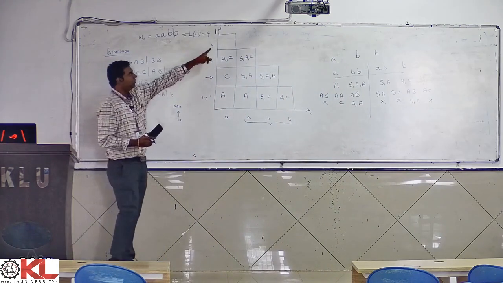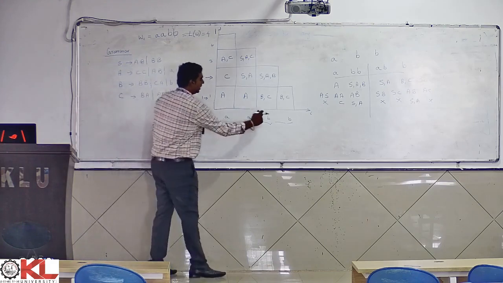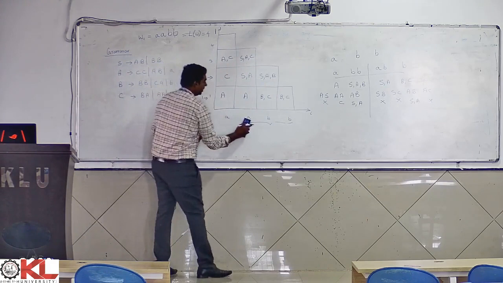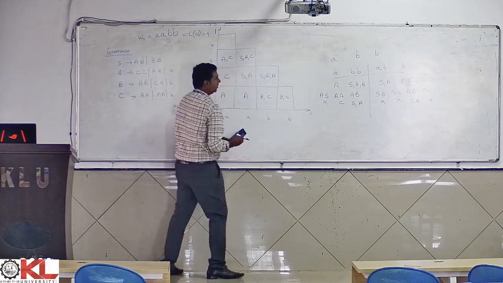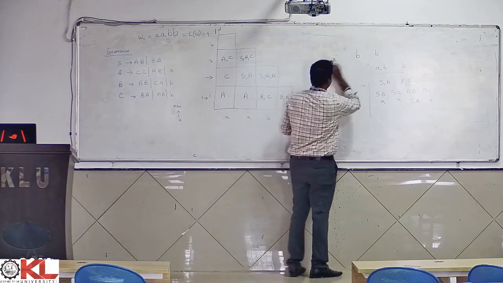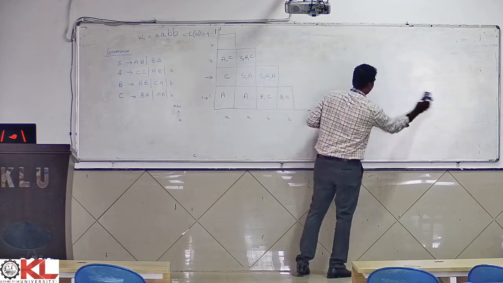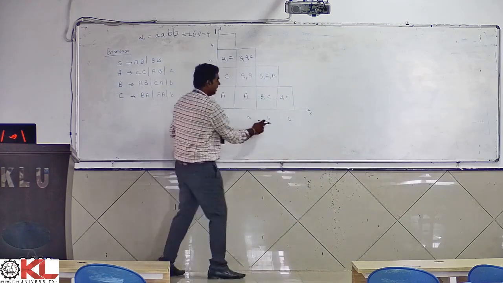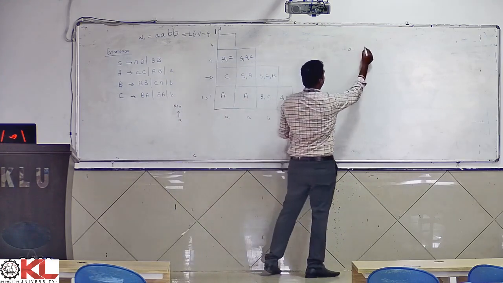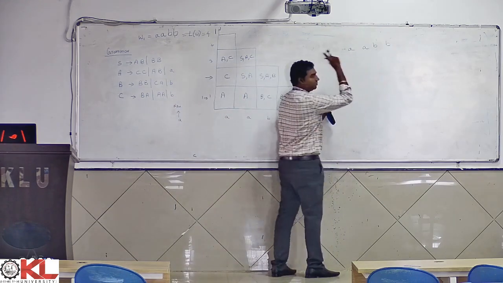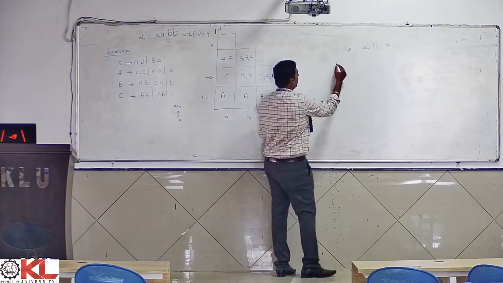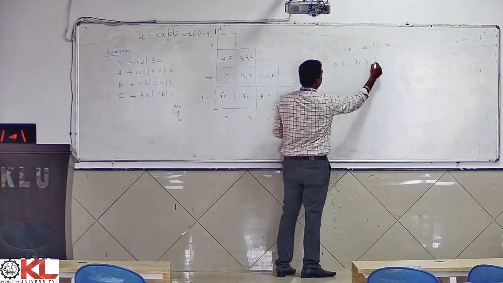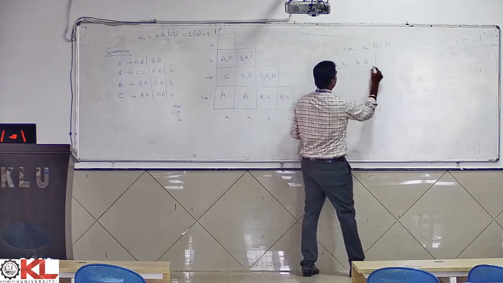What about the first one? All the four cells are combined, that is AABB, and it comes to the first one. I am writing different combinations. AA and BB is one combination.